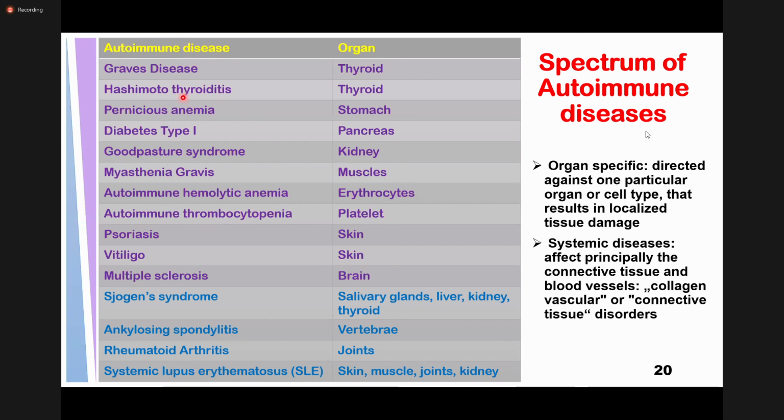So this gives you a picture of the organ-specific and systemic types. The systemic type is principally connected to the connective tissues, blood vessels, vascular or other disorders.